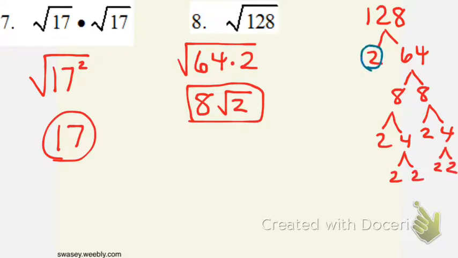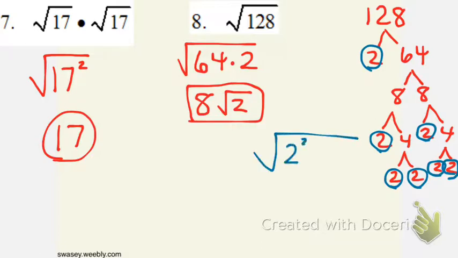So we end up with 1, 2, 3, 4, 5, 6, 7 factors of 2. So if you wanted to, you could write it as the square root of 2 squared times 2 squared times 2 squared times 2.